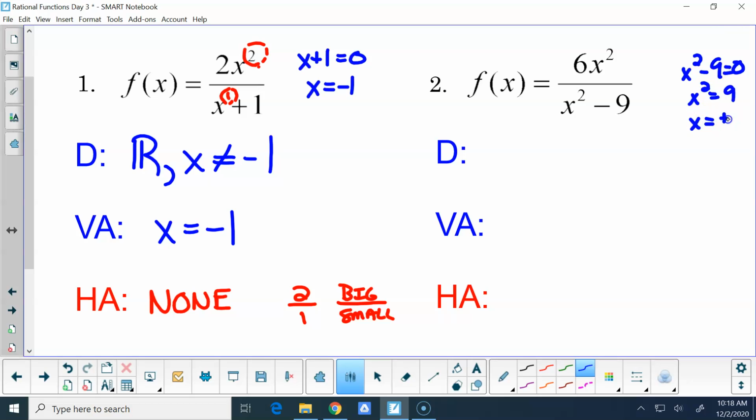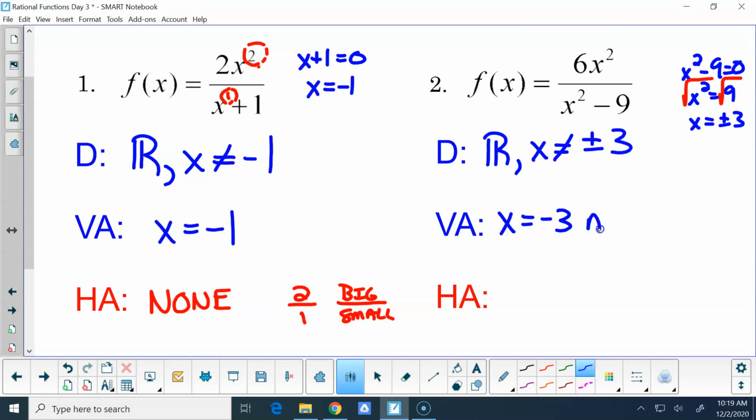So x equals plus or minus 3 when I square root both sides. So my domain then is all real numbers, with the exception of x cannot equal plus or minus 3. So that would give me vertical asymptotes at x equals negative 3 and x equals positive 3. Agree? Okay.